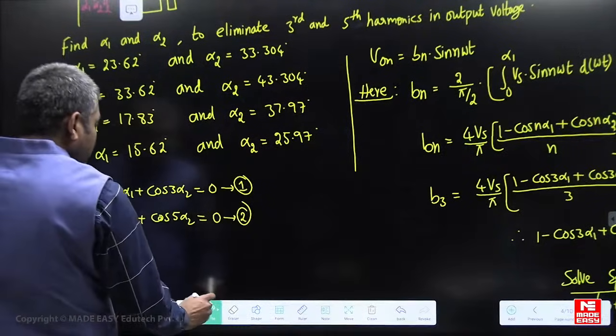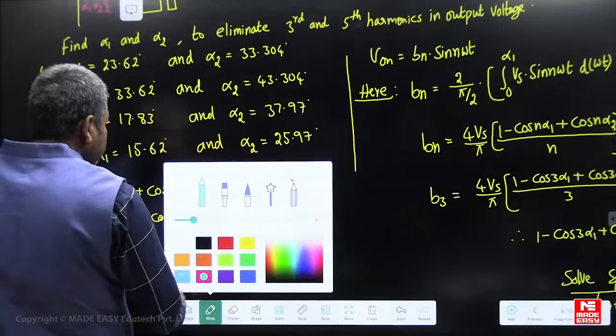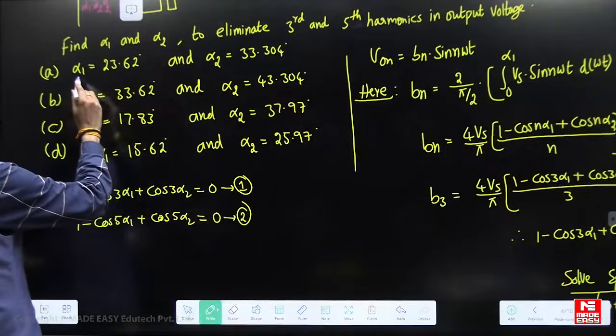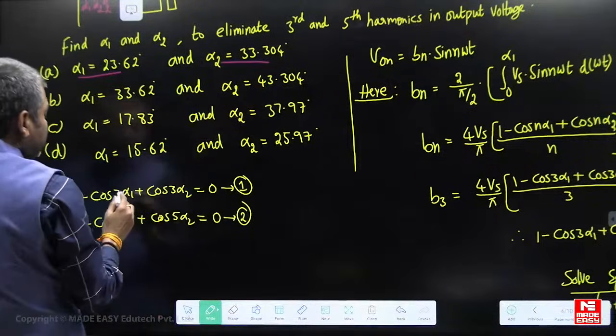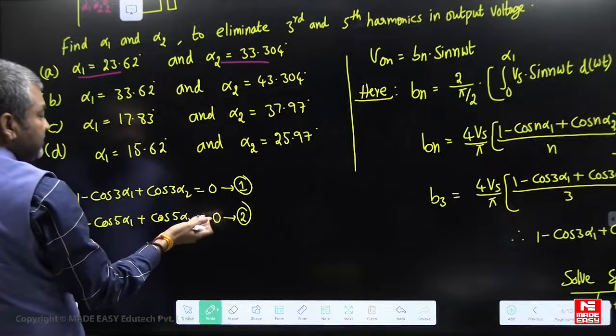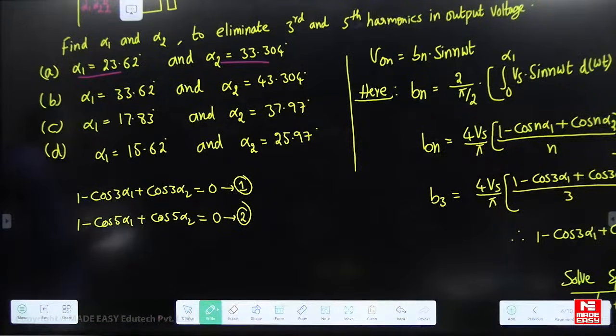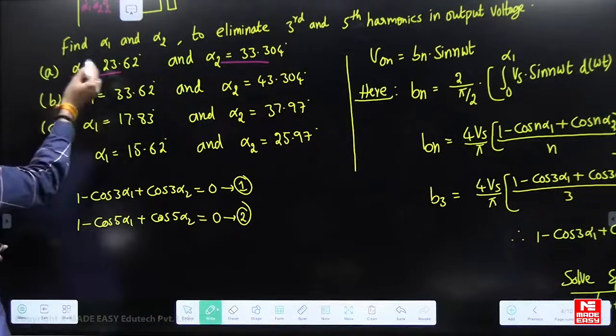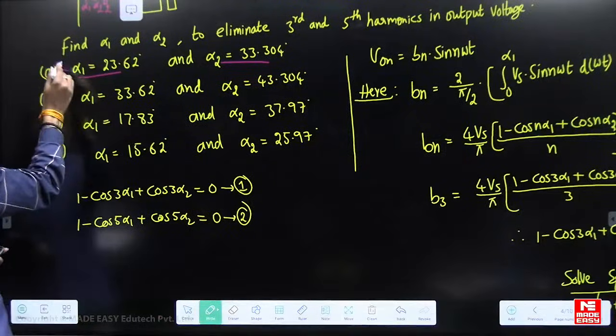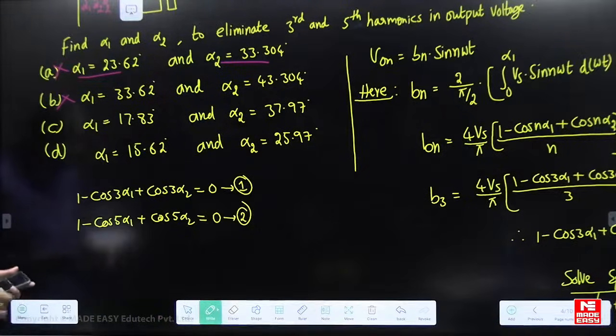So, one is numerical methods we use, another one is first you substitute these values. If you substitute these values and it equals 0, then that is the right answer. But if you substitute this one, I will tell you what is the right answer. This is wrong, it will not match with this, even this will not match with this.